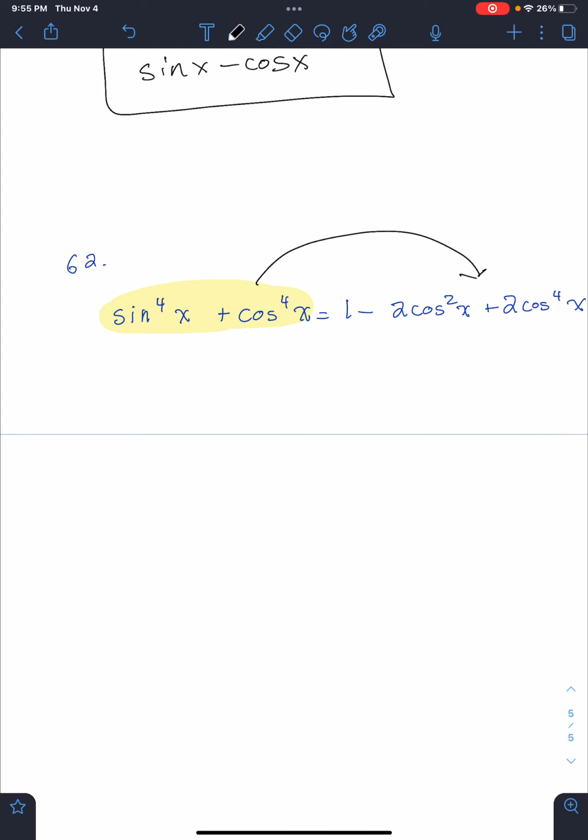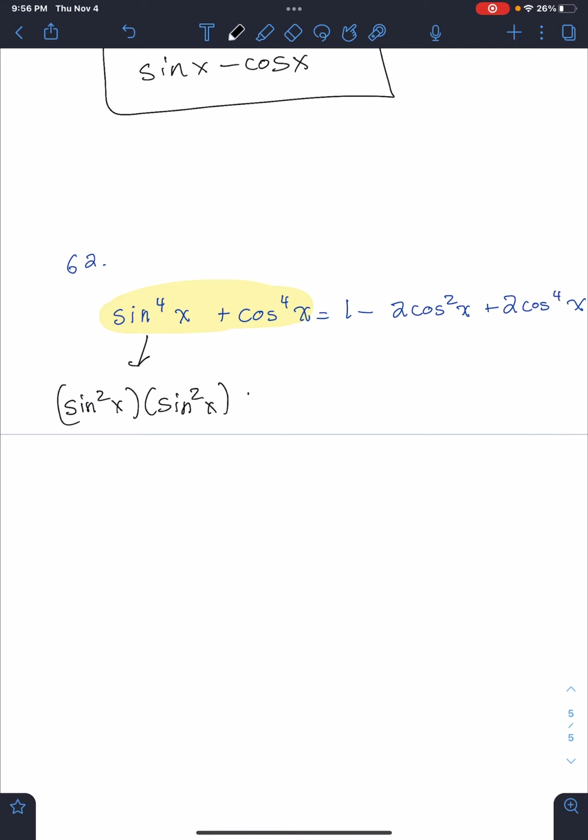Once again, an interesting observation is the fact that everything on the right side has cosine. So this first step is probably a little challenging, to be honest, because here we can't do anything with sine to the fourth. So what we're going to do is sine squared times sine squared.